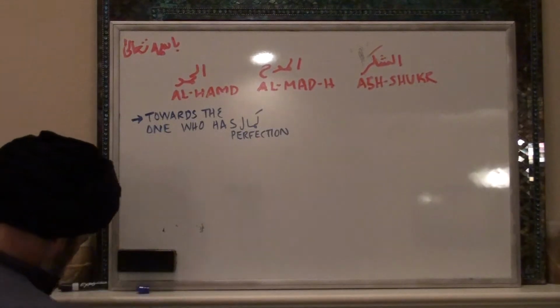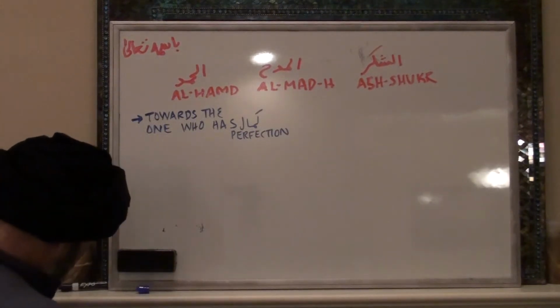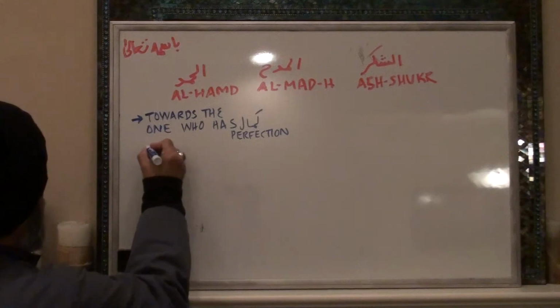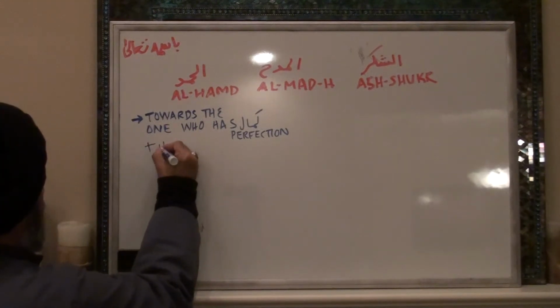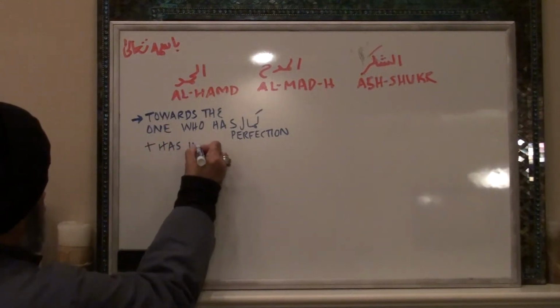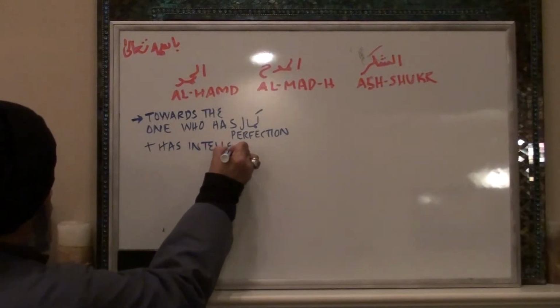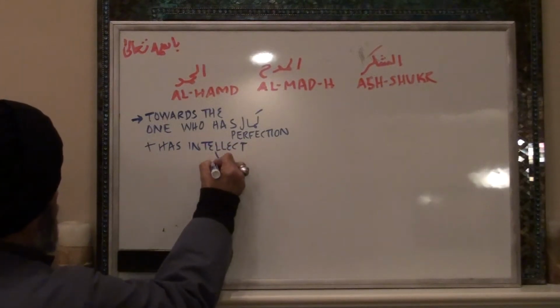Anyone who has kamal and perfection plus has intellect, aql.